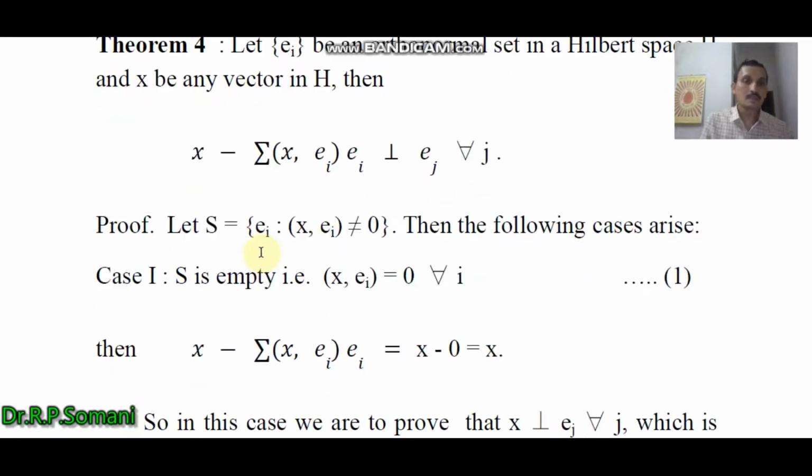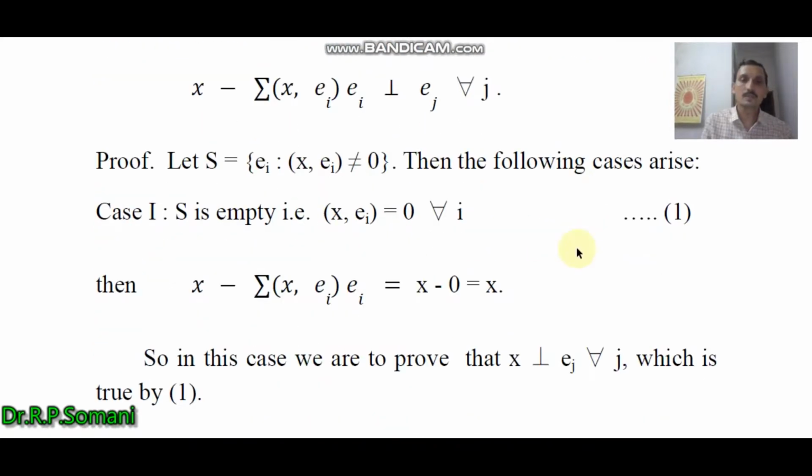Proof: let S equal the set of e_i such that ⟨x, e_i⟩ is not equal to 0. Then the following cases arise, as before: either S is empty, or finite, or countably infinite. First case: S is empty, that is, ⟨x, e_i⟩ equals 0 for all i.